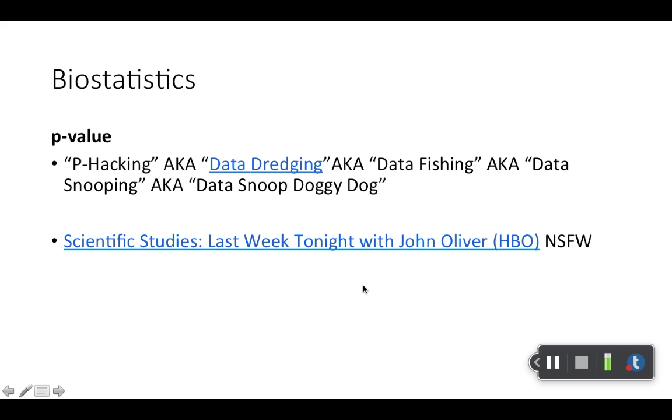There are problems with p-value. This is not safe for work, NSFW. Last Week Tonight with John Oliver did a nice summation of some of the problems with the p-value, because there is such a thing as p-hacking, also known as data dredging, which you can read about there on Wikipedia, also known as data phishing, also known as data snooping.